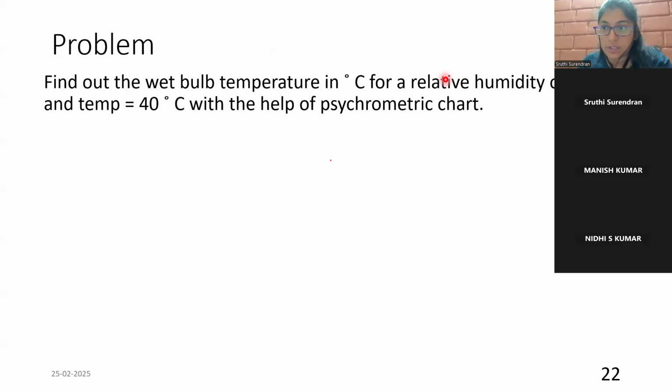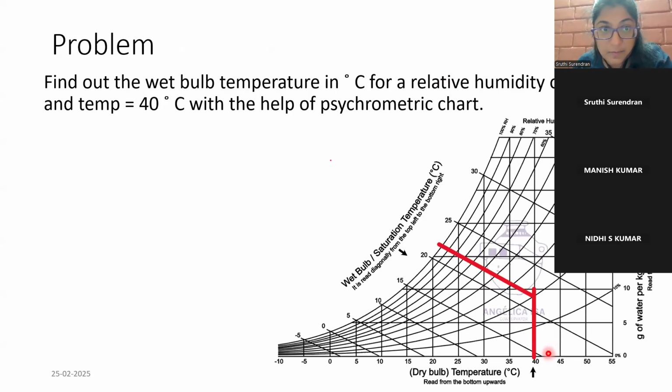Okay, let's move on to the answer. We are looking for the wet bulb temperature at 40 degrees Celsius and 20 percentage relative humidity. So 20 percentage humidity means this curve, and 40 degrees Celsius is corresponding to this point. When we interpolate this line so that it touches this 100% humidity line over here, the temperature is going to be around 20 or 22, 23 degrees Celsius.